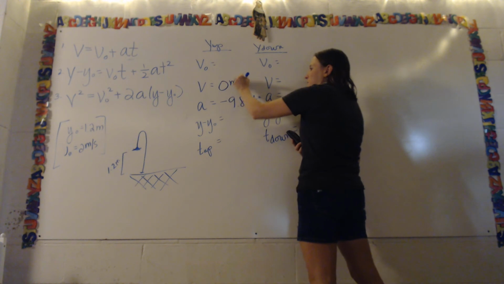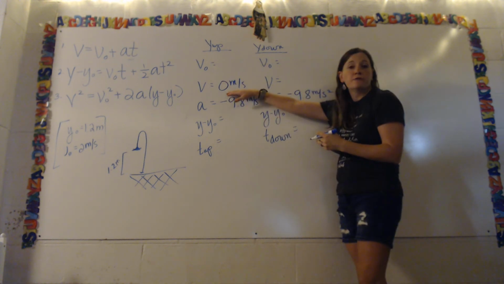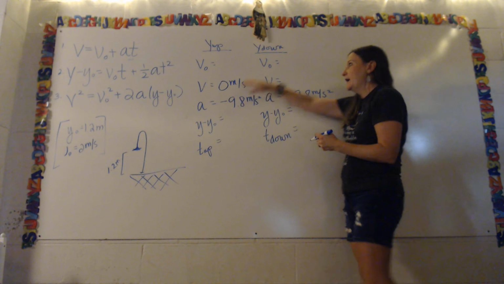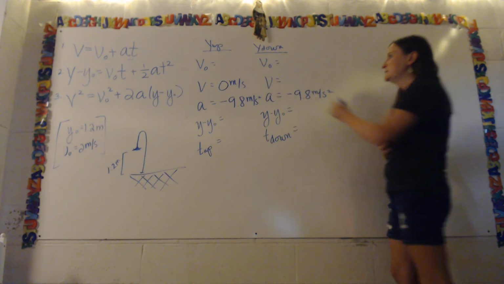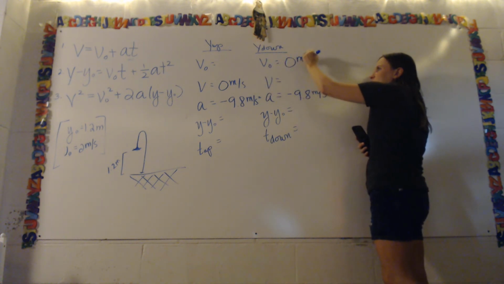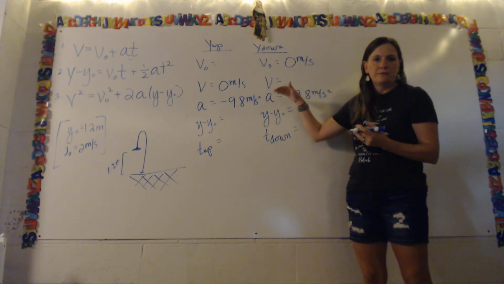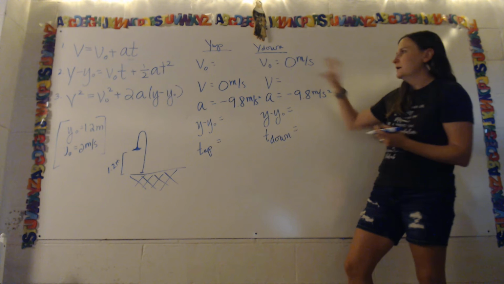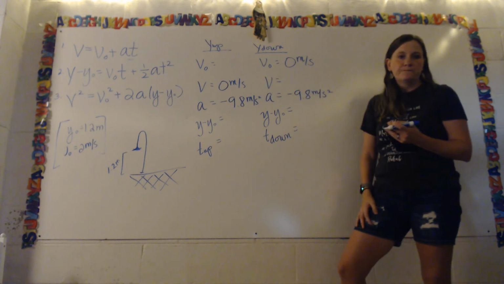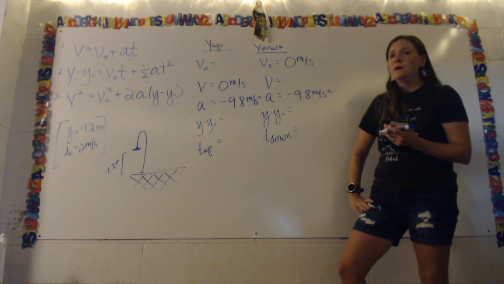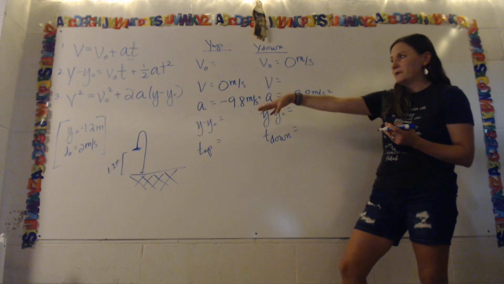So for y up, we can always say final velocity 0. And then coming back down, the initial velocity where we start to go down is 0. So no matter what your type 3 problem, whatever the initial conditions are, this stuff we know to be true, okay?